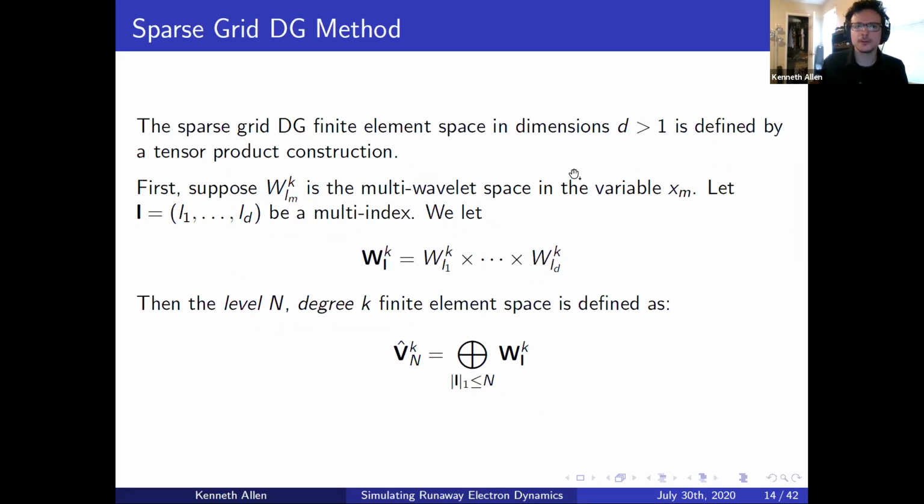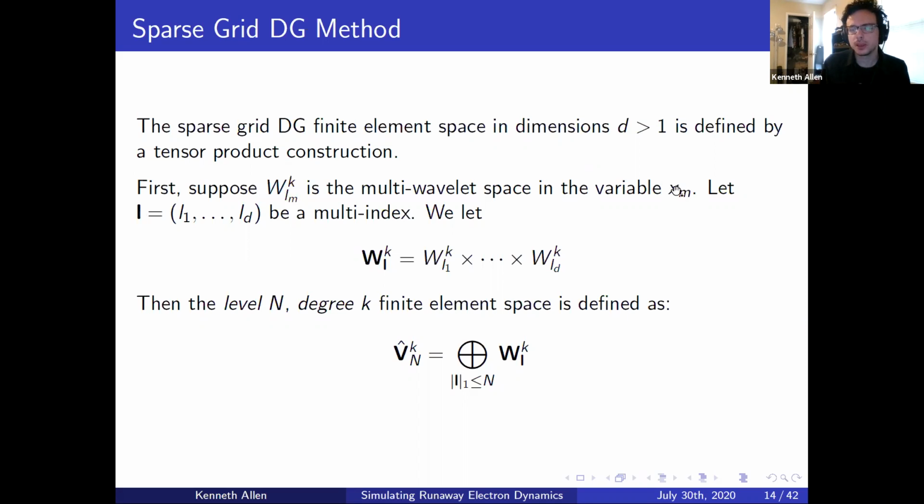In order to construct the DG finite element space in higher dimensions, we use a tensor product construction. We have this notation here: W_l^k is the multi-wavelet space in the variable x_m.